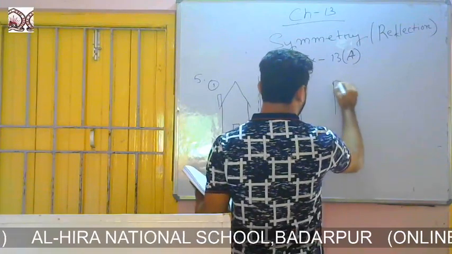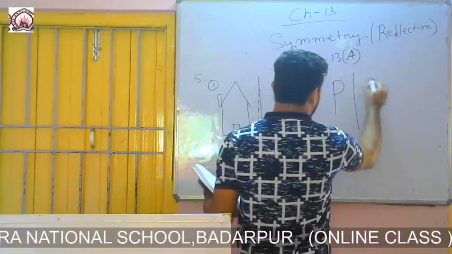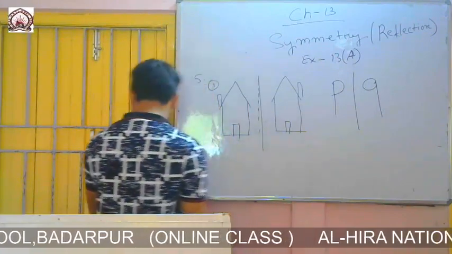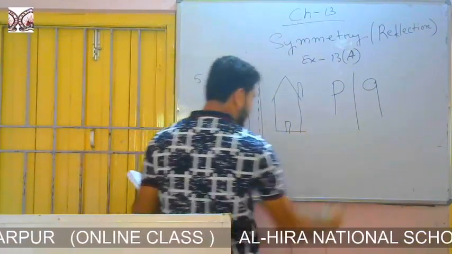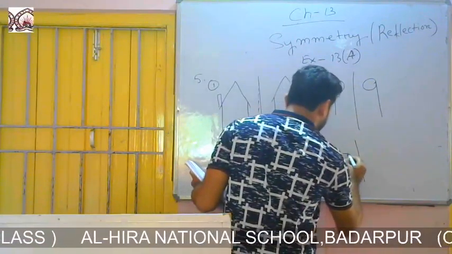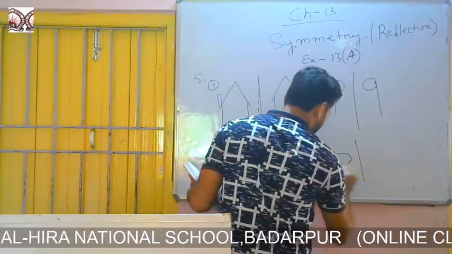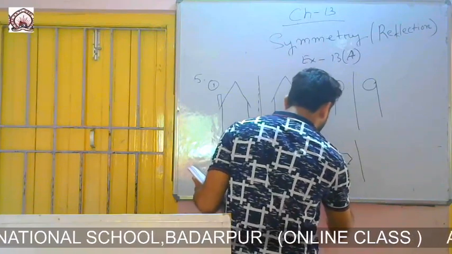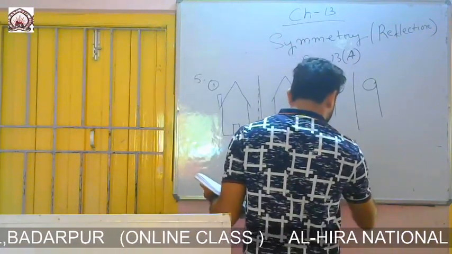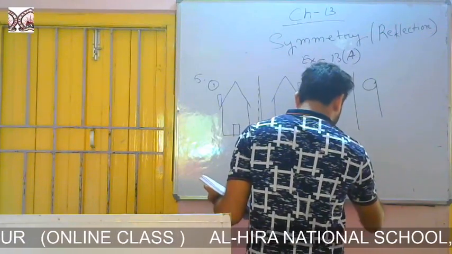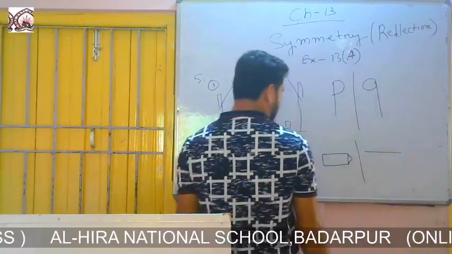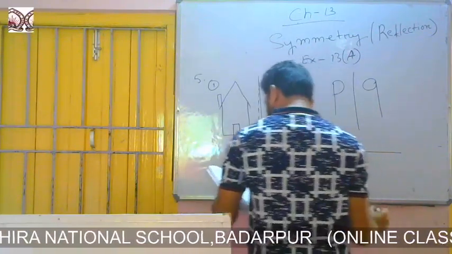So for P, as I said earlier, it will become Q. And for this one, this shape is like a pencil, so it will become just like this.